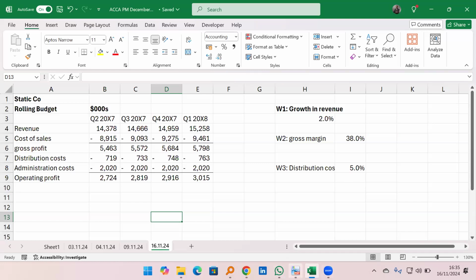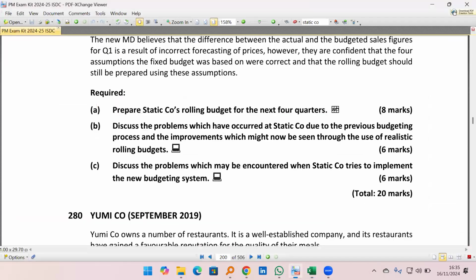Okay, so the second question is discussing the problems which occurred due to previous budgeting processes and improvements which we may start seeing. So now this question is directly asking you the problems of having a fixed budget.